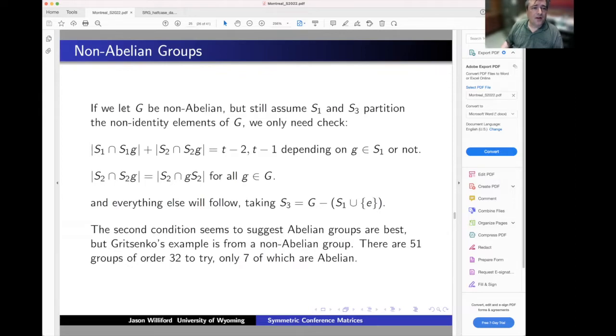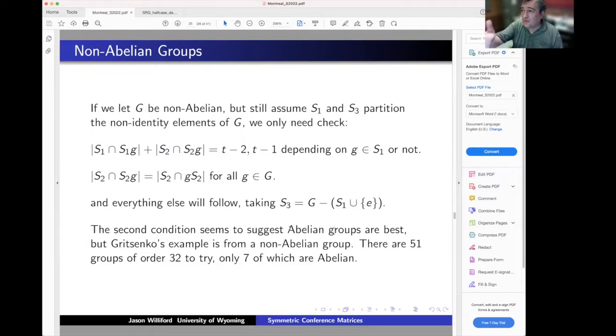So for non-abelian groups, it's a little bit more complicated. There was some redundancy in what I'd written down. You have to check this condition about how S1 and S2 interact. And then if S2 has this property here, then actually you can just take S3 to basically be the complement of S1, and it works.